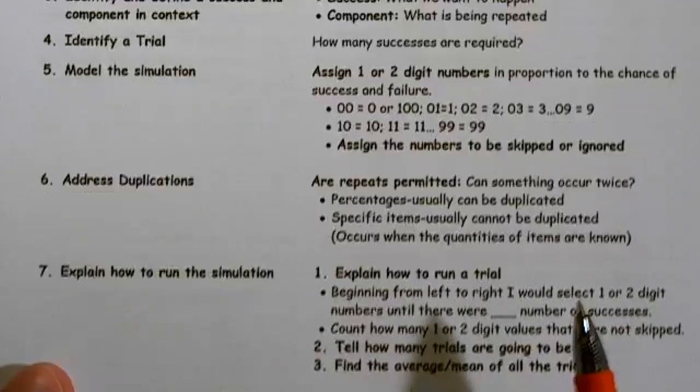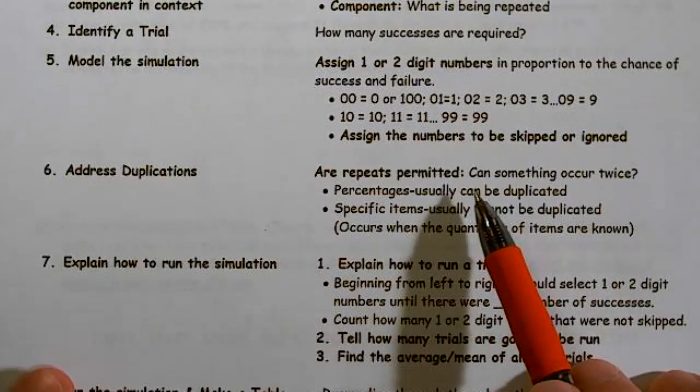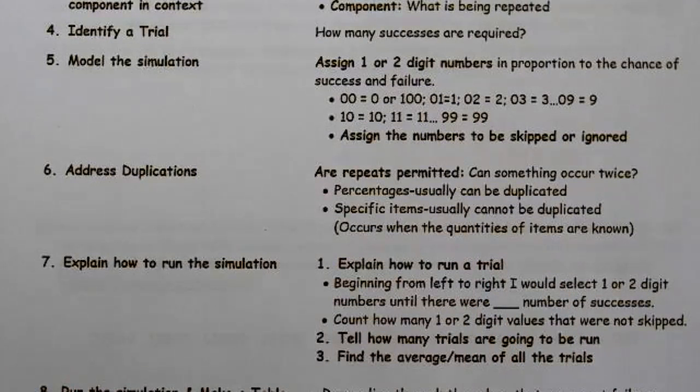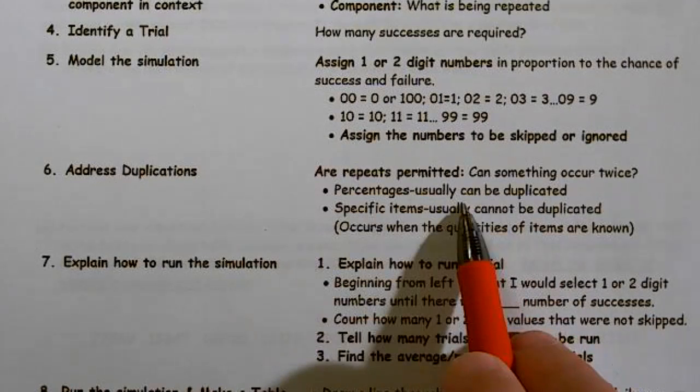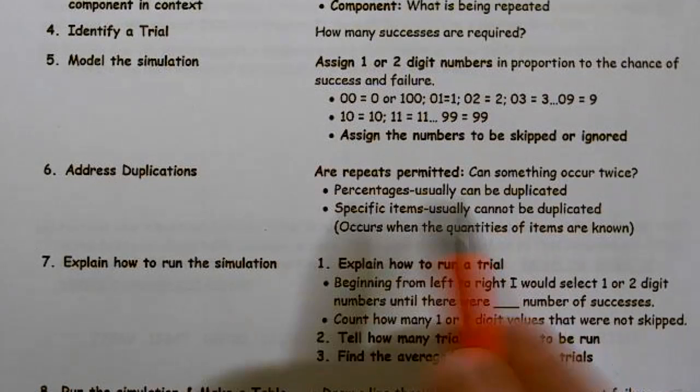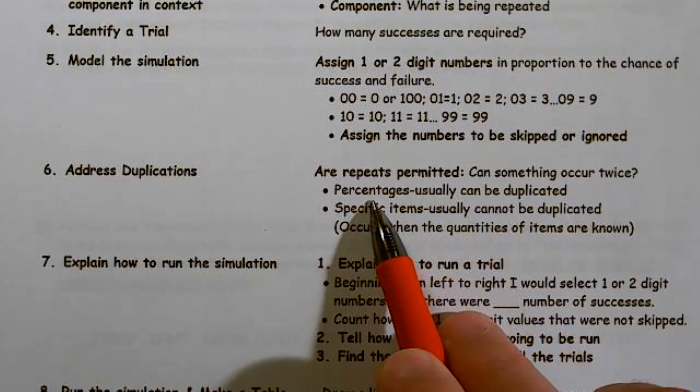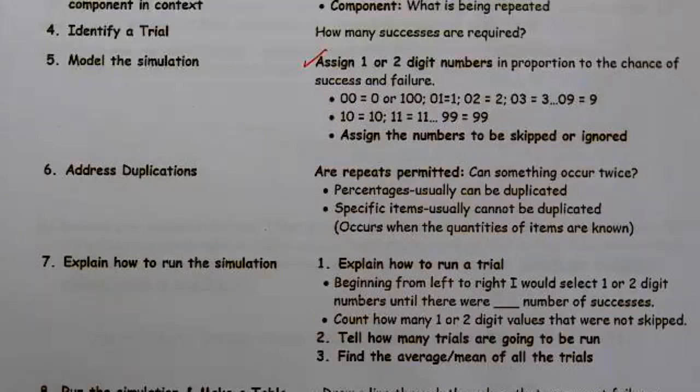The next thing is, are repeats permitted? Can we draw a number twice? And that's going to depend on the problem given. It's really important to address duplicates. Typically speaking, if we're talking about a percentage, they can be duplicated. So basically, we need to make sure that we're assigning.